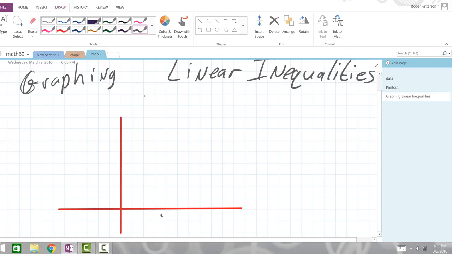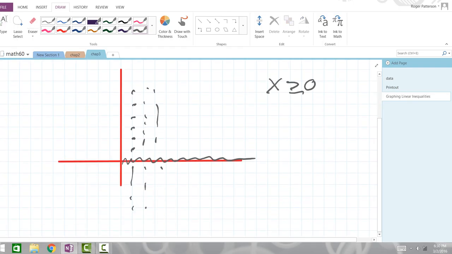So, a very simple example of a linear inequality would be, on a graph, x is greater than 0, which means that all the x's on here are greater than 0. But not only are the x's on this line greater than 0, but all the x coordinates that are here are greater than 0, and all the ones that are down here are greater than 0.